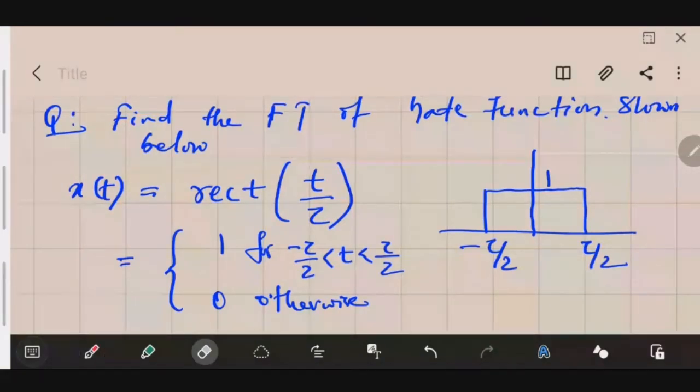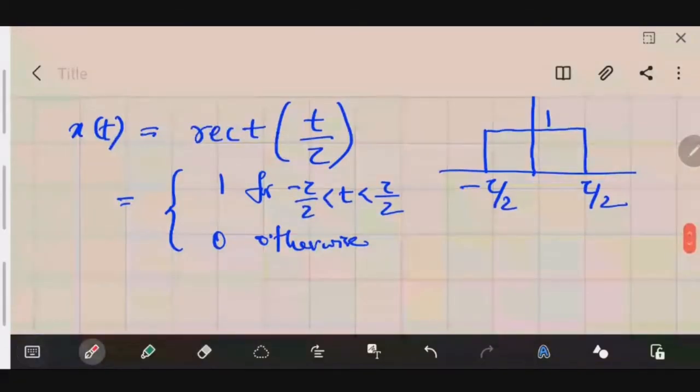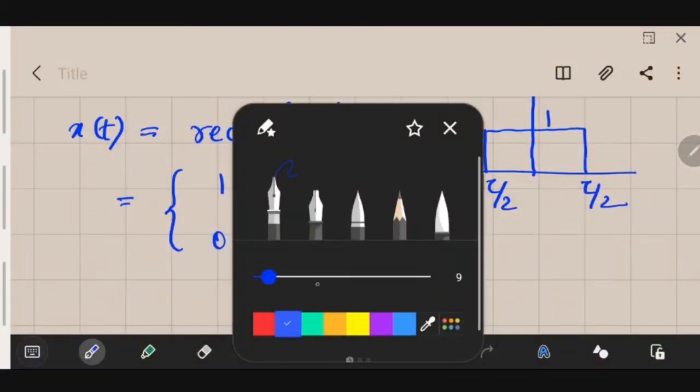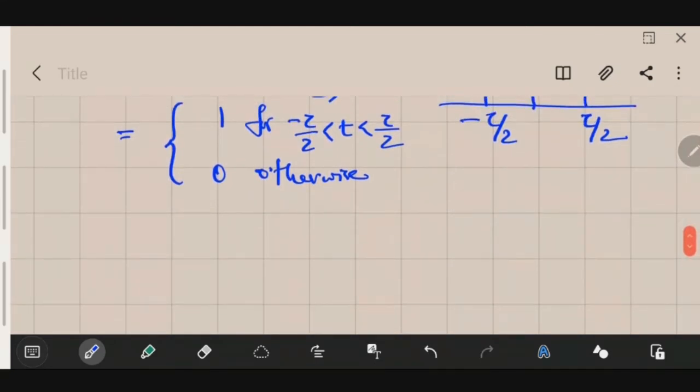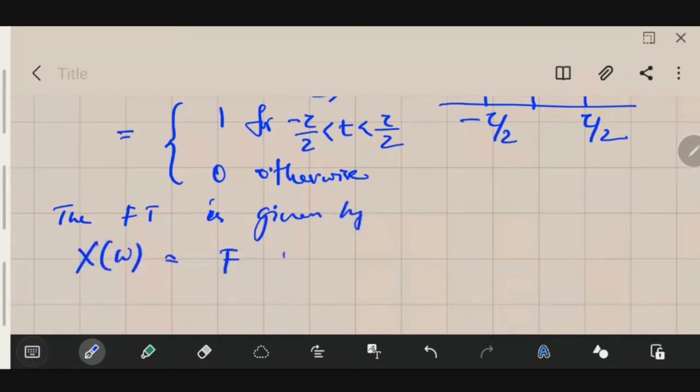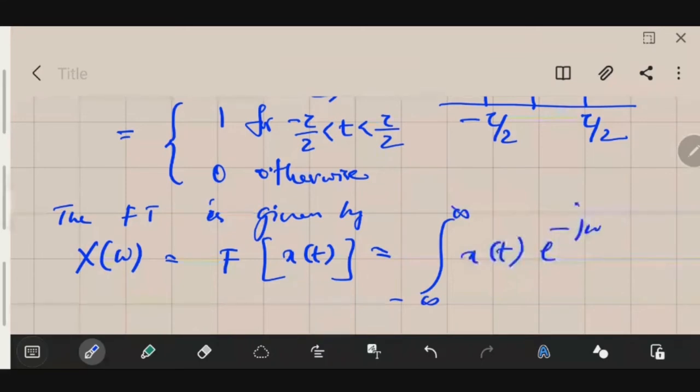So let us now find the Fourier transform of this function. We will use our normal formula. The Fourier transform is given by capital X of omega, which is the Fourier transform of x of t, equal to the integral from minus infinity to infinity of x of t e to the power minus j omega t dt.